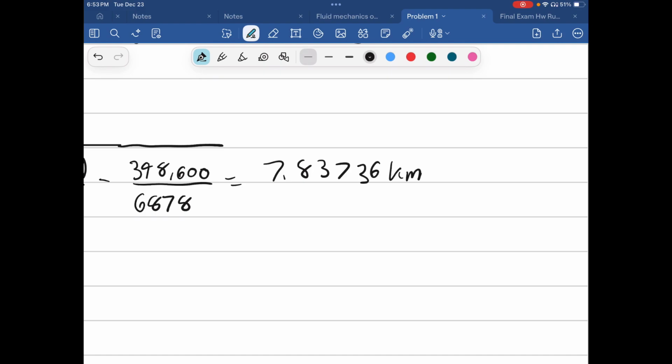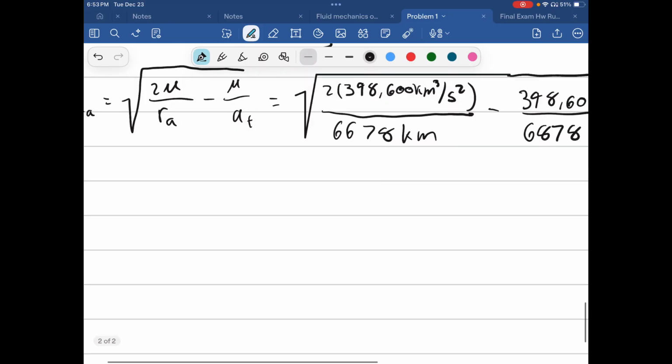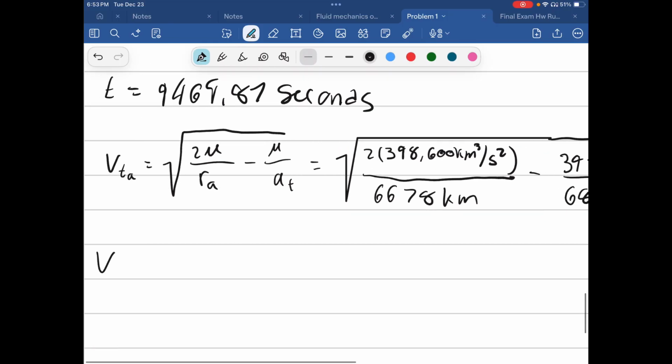And we get a velocity of 7.83736 kilometers per second. Then we can go ahead and find the velocity of the transfer orbit at point B. It's going to be the same equation, just with a different radius, right?